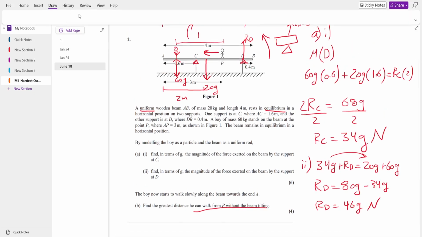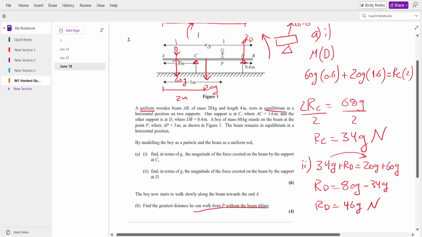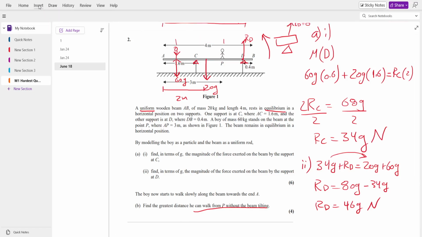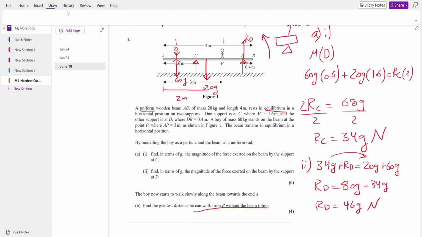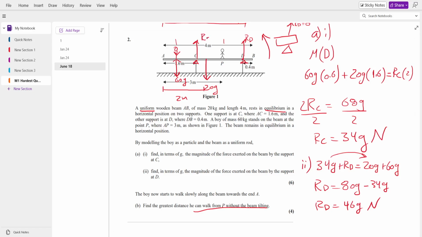Let's just erase a little bit. So we know all these things. We know that RD is going to equal 0. We will have an RC over here.